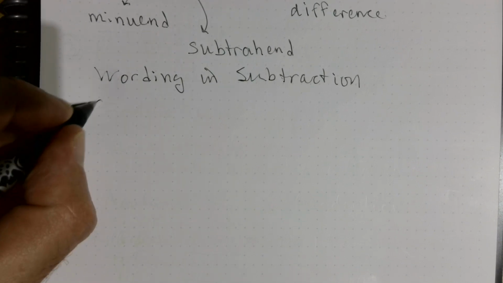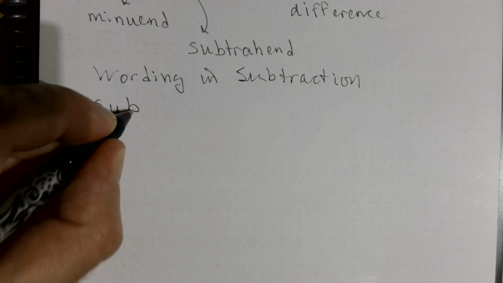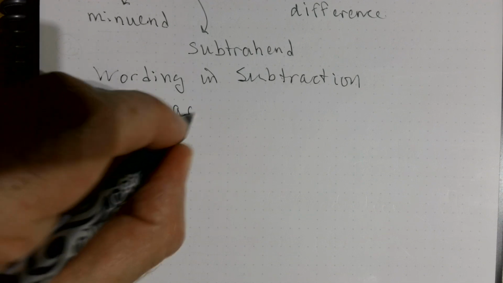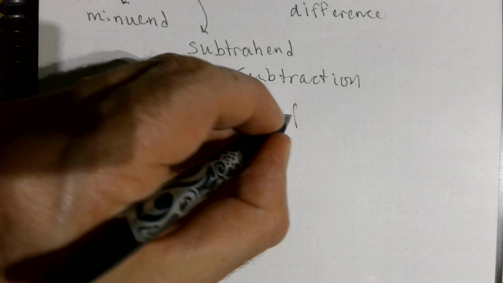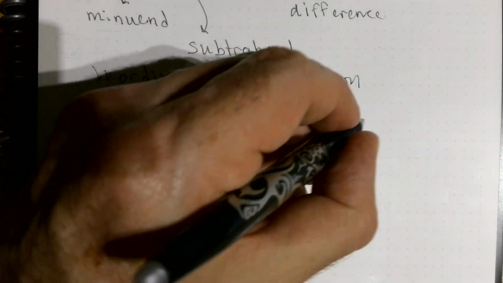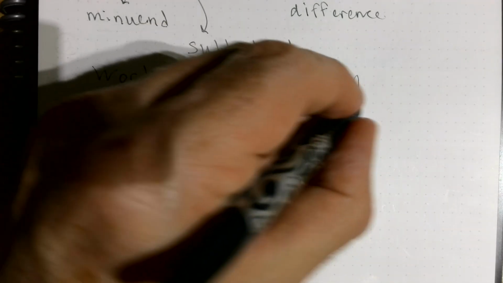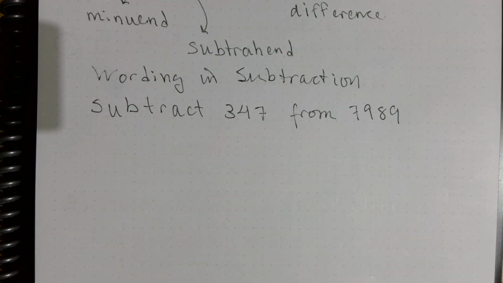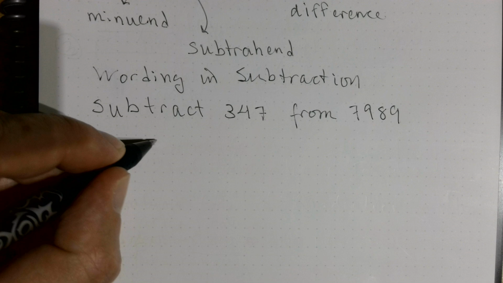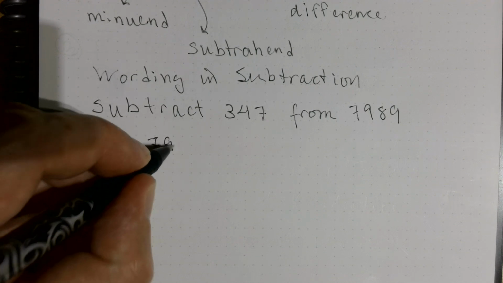If I were to do a problem where I was asked to subtract 347 from 7,989, for example, this is the way I would do it. And I'll do this one in the vertical method here.